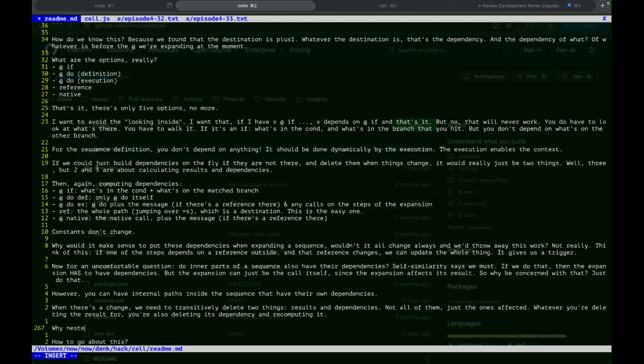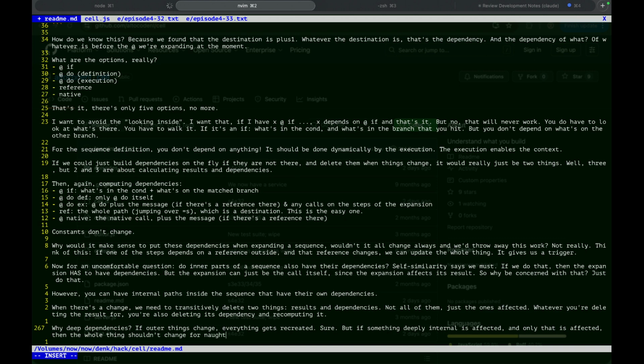Why nested, why deep dependencies? If outer things change, everything gets recreated. Sure, but if something deeply internal is affected and only that is affected, then the whole thing shouldn't change for naught, right?